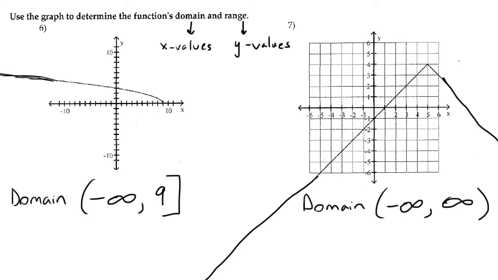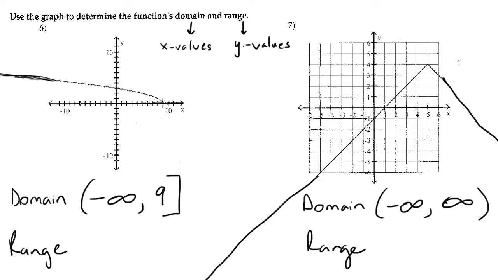This goes forever. Range. Talking about y values. So we're starting from down here, from negative values and going all the way up. At x equals -10, there's no function. The function is not defined at x equals -10, -9, -8, -7, -6, -5. The first y value where we see this function is at y equals 0.